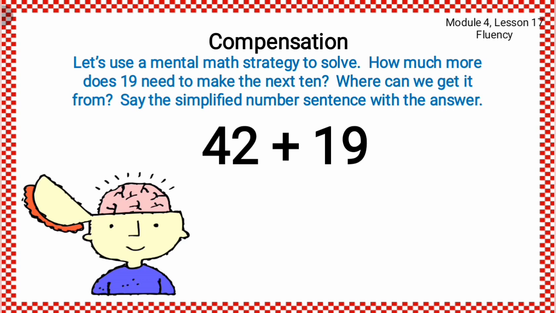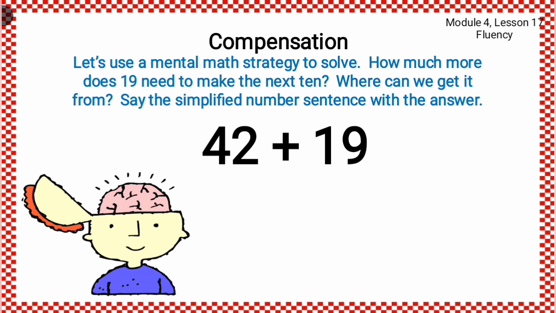Alright, now let's use a mental math strategy to solve. How much more does 19 need to make the next 10? And where can we get it? Okay, can you tell me the simplified number sentence for the answer? Alright, when I look at 42 and 19, 19 has a bigger ones than 42 because 9 ones is actually greater than 2 ones.